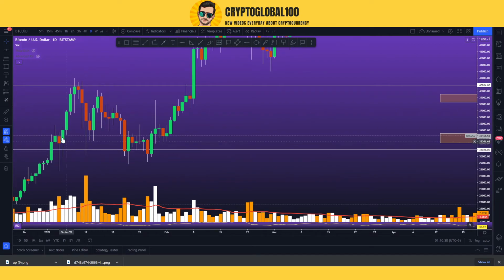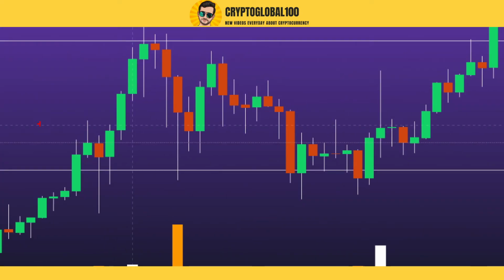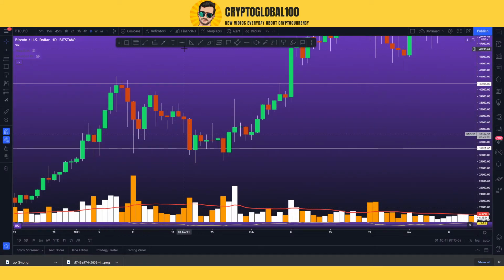I'm going to take only this area, this swing high. This candle is the swing high candle. I'm going to mark this line as our area, only this area. Why?